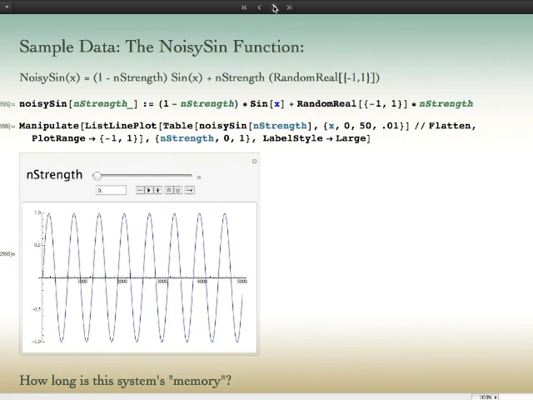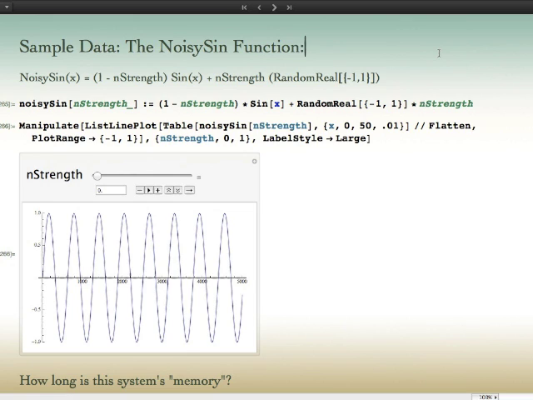So here's an example of a data set that we could generate where a time correlation function could come in handy. So essentially it's a sine wave, right? So you can see the formulas right here. Alright, so it's a sine wave, but I've added this noise to it.